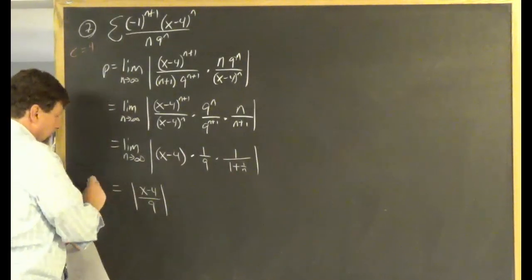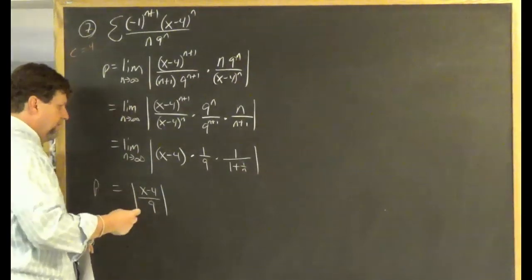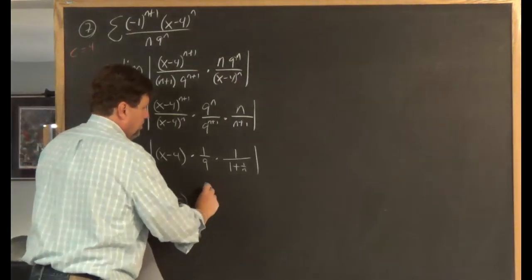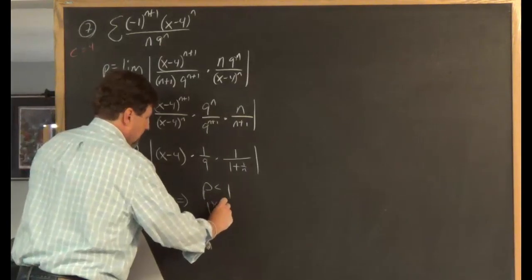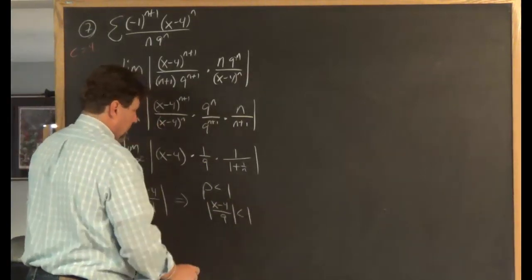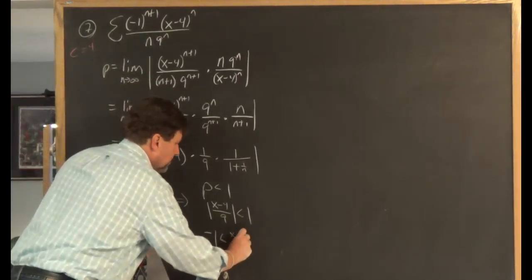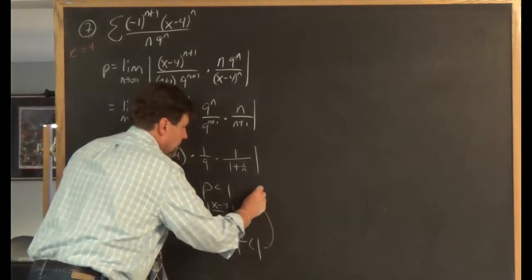So P, remember P is this. Yes, you have convergence when P is less than 1. So that's absolute value of x minus 4 over 9 less than 1. That's -1 less than x minus 4 over 9 less than +1.